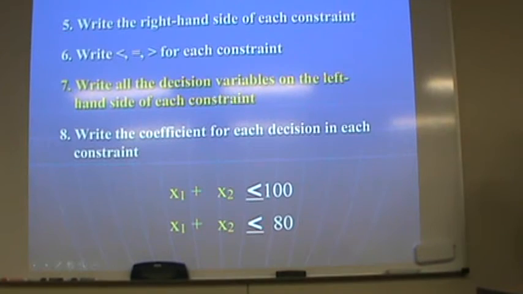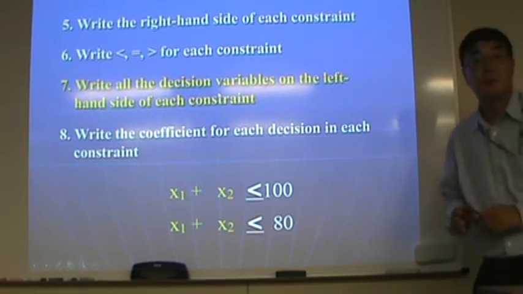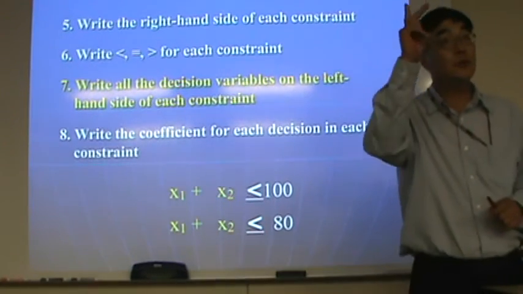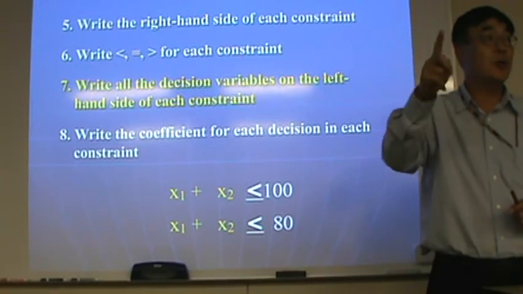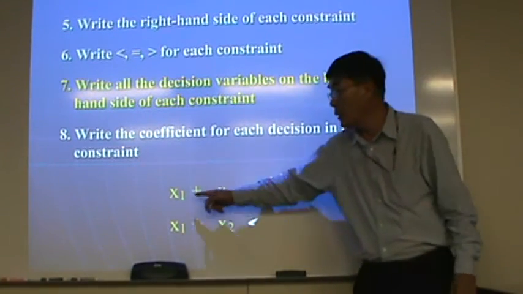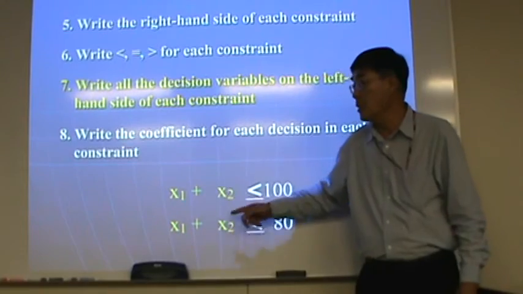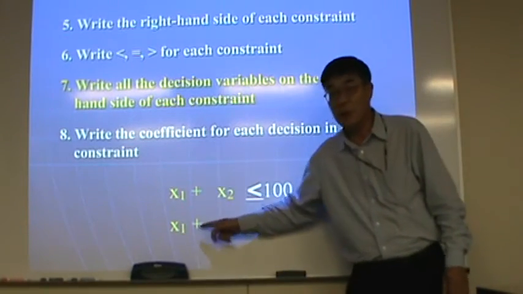Then, write all the decision variables. For this problem, there are two decision variables, x1 and x2. So, write x1 plus x2.